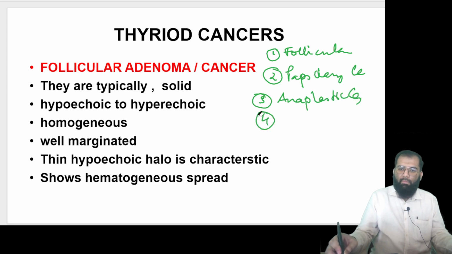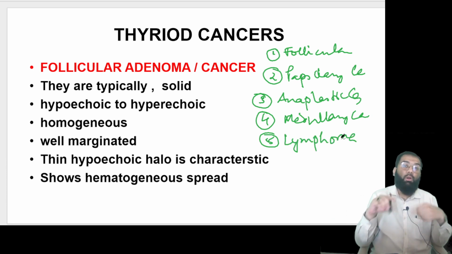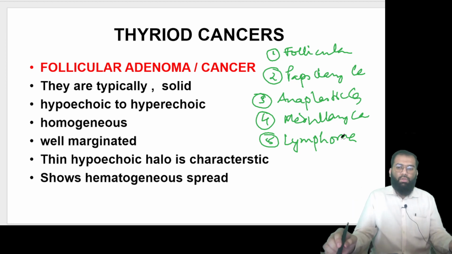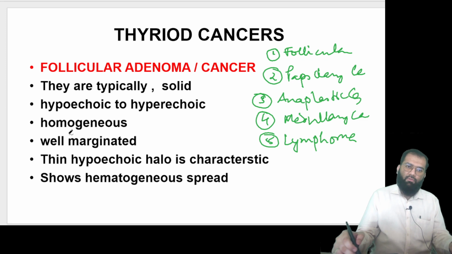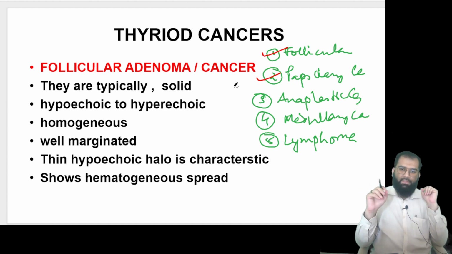Number 4, medullary CA. Number 5, although rare but not uncommon, lymphoma of the thyroid gland. Remember, lymphoma not of a lymph node, but of the thyroid gland. In this session, I will cover follicular CA and papillary CA, the ultrasound imaging features of both of these.